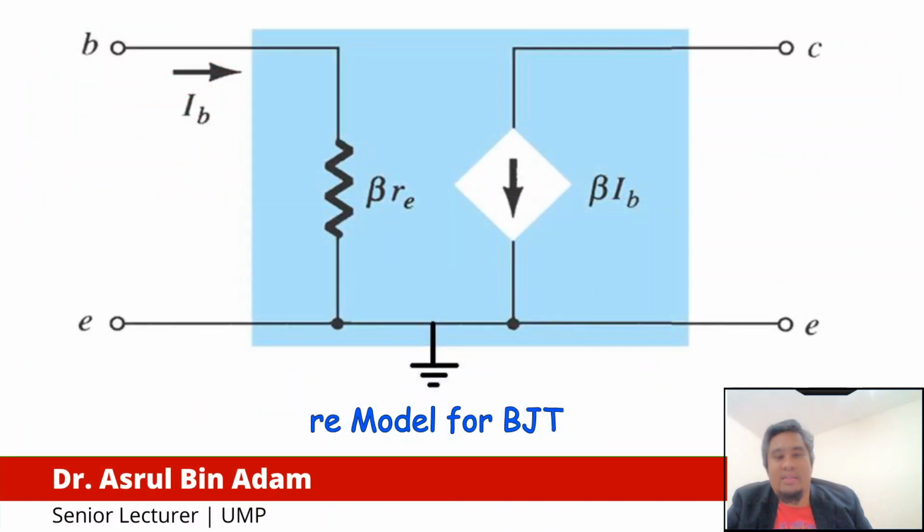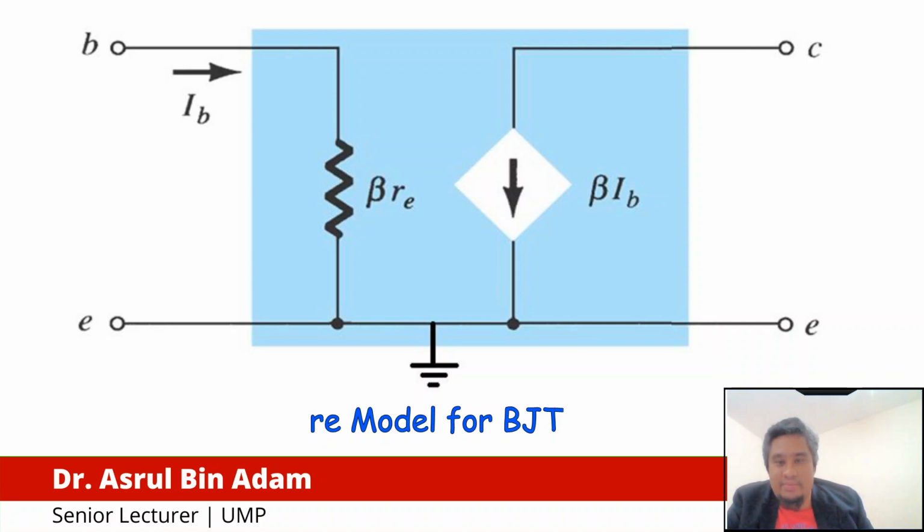This is the RE model for the BJT. Our BJT has three main terminals: the base, collector and emitter. This represents the RE model for AC analysis. Before we go further, to solve the problem we have to first draw the RE model for the BJT circuit.